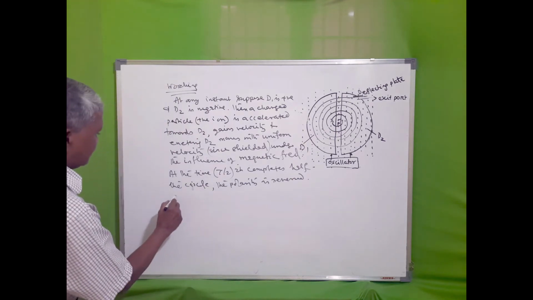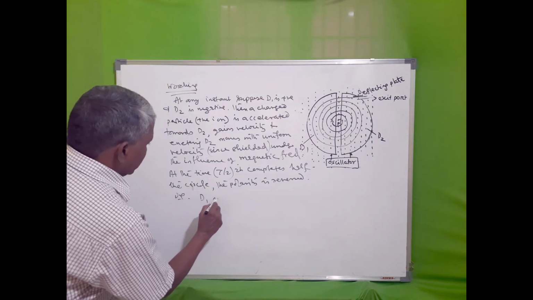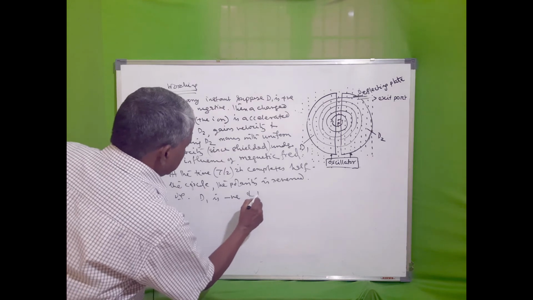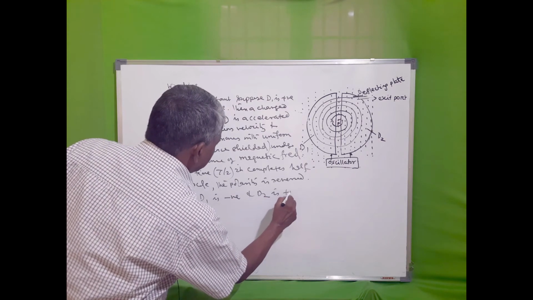That is, D1 is negative and D2 is positive.